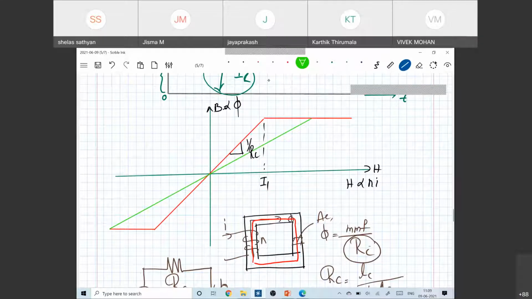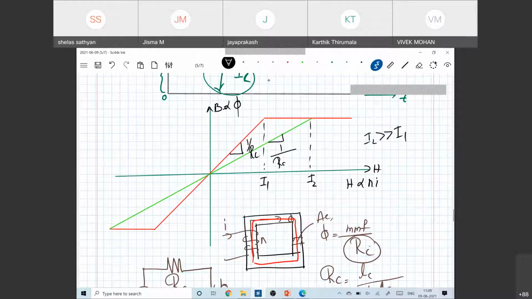Even though the saturation flux density remains the same, the current at which the saturation occurs has changed. Now, if you introduce the air gap, the core gets saturated at current I2, where I2 is quite a bit larger than current I1. So the slope of this curve will be given by 1 by RC plus RG.